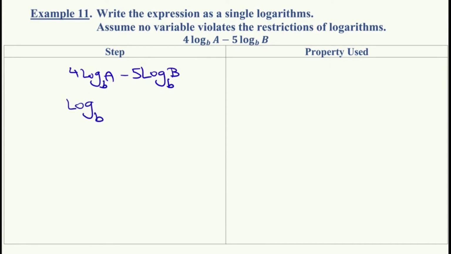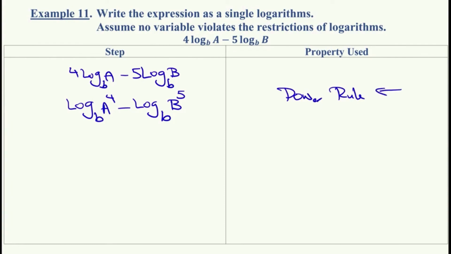So I get log base b of a to the 4 minus log base b of b to the 5. Notice since I kept the minus here, it doesn't go onto the exponent. If I wanted to do that, I would have written plus and then I would have put the minus there, but we don't need to do that. All right, so here we just applied the power rule, of course, going that way.